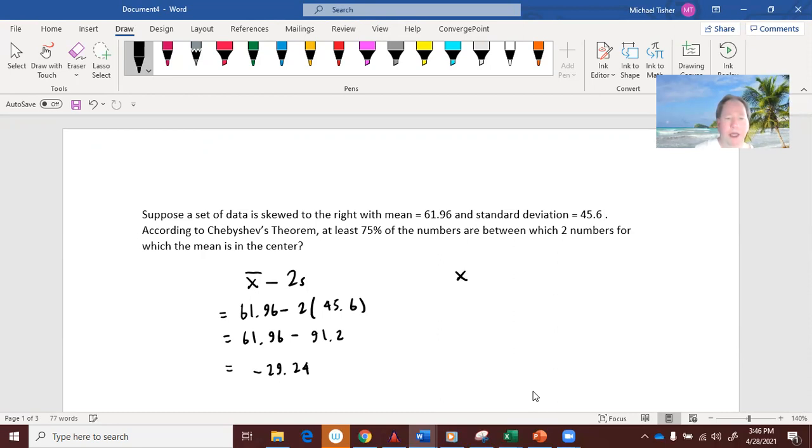All right, and we'll do x bar plus 2s. That's going to be equal to 61.96 plus 2 times 45.6. That's going to be 61.96 plus 91.2. And if I add those numbers, I get 153.16.